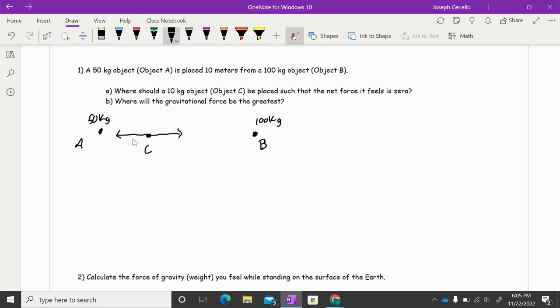So I'll just say it one more time. The force between B and C is going to get smaller because the distance between them got greater. The masses didn't change. The force between A and C is going to get bigger because the distance between them got smaller. So if our halfway point is right here, we know it's got to be closer to A than B. The question is, where exactly does it have to be placed?